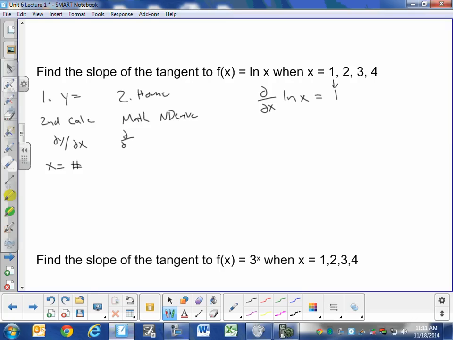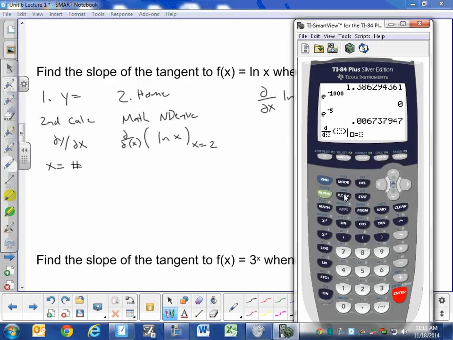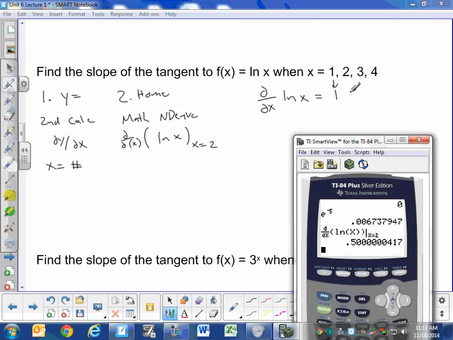You'd go dx, make sure you type in x, then you type in the function that you want to take the derivative of, and then plug in the number. So that's for the people who see what I see right now. So the function log x, at the specific number 2, we can essentially say it's 0.5.